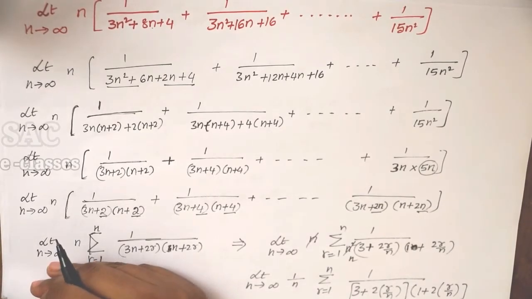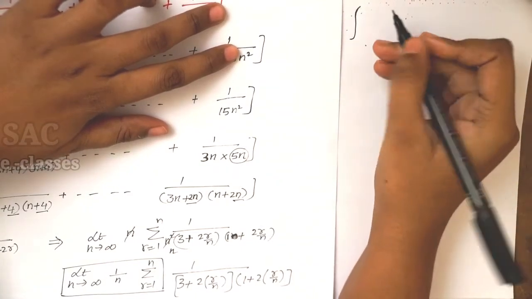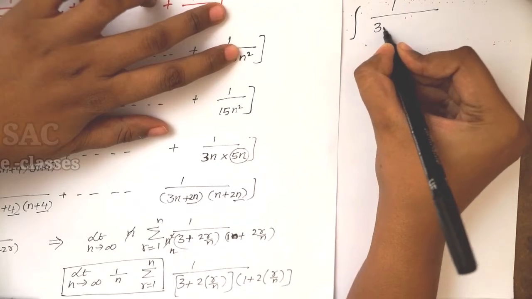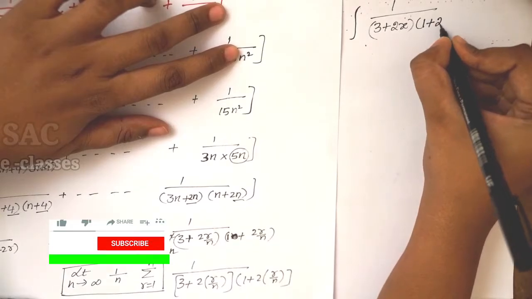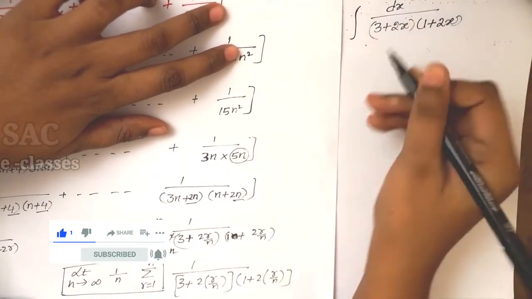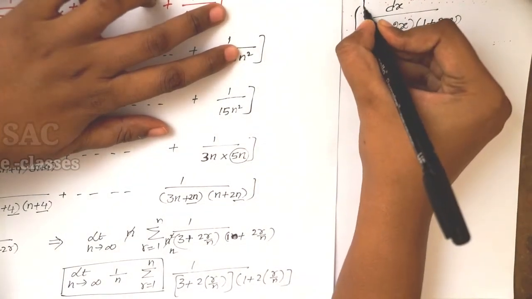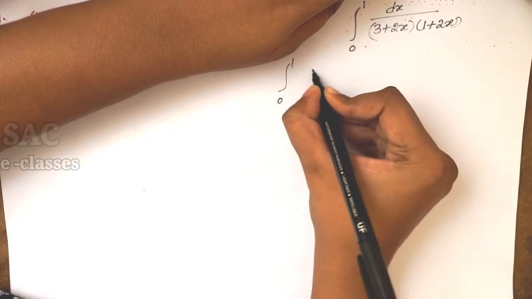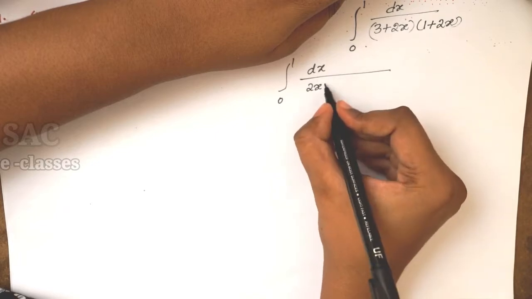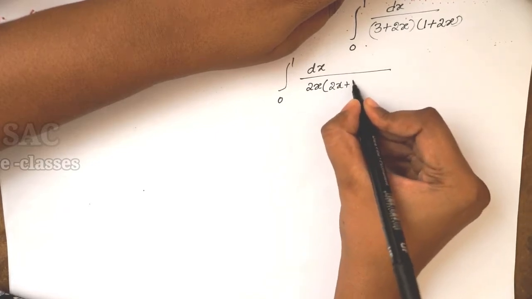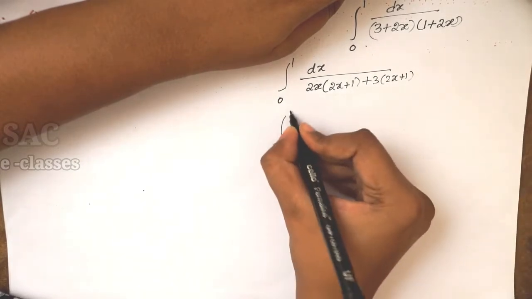Let's solve this. Now this entire sum can be converted into the integration of 1 by 3 plus 2x into 1 plus 2x dx. For the limits, r equal to 1 to n becomes 0 to 1. Integration 0 to 1 dx by, let's multiply this, 2x into 2x plus 1 plus 3 into 2x plus 1. Let me factorize. I am splitting now.